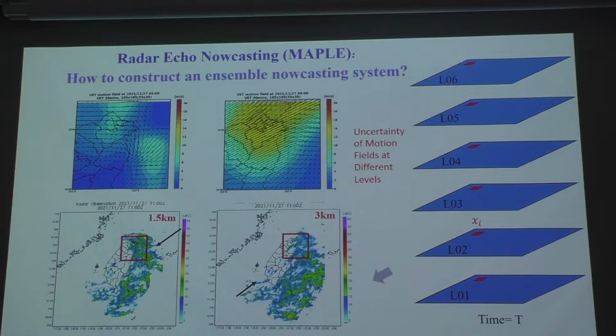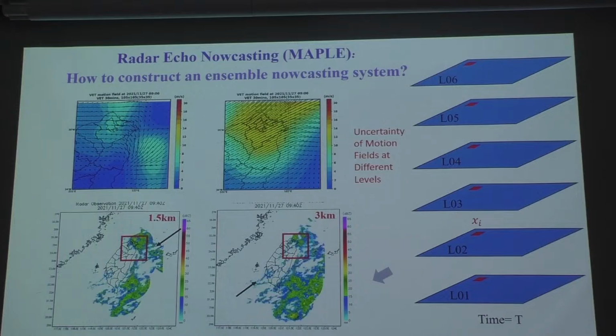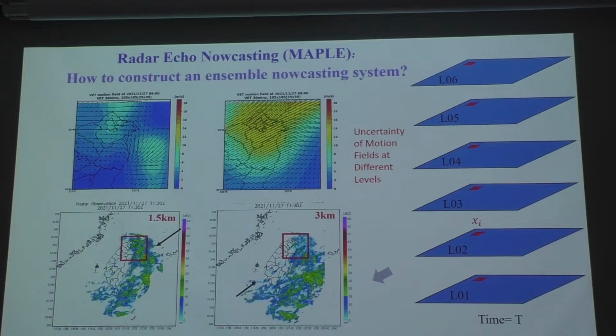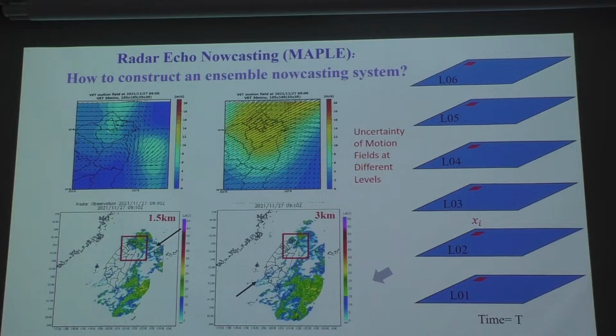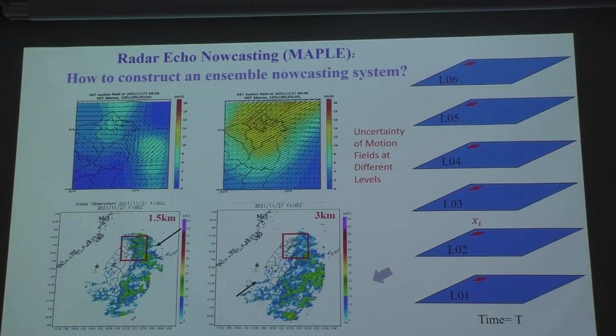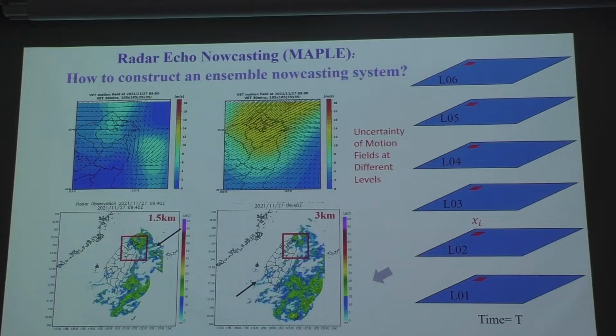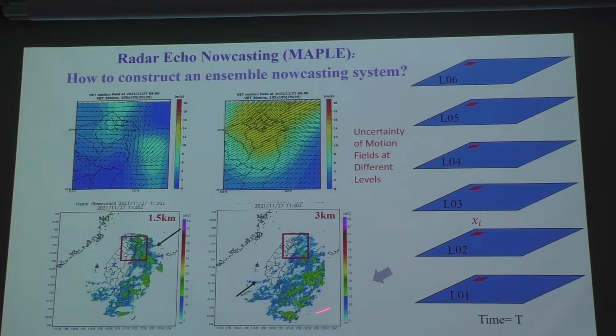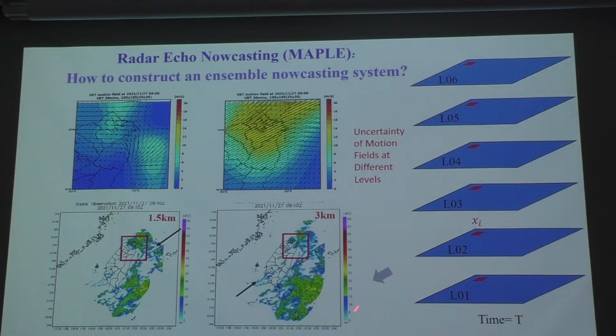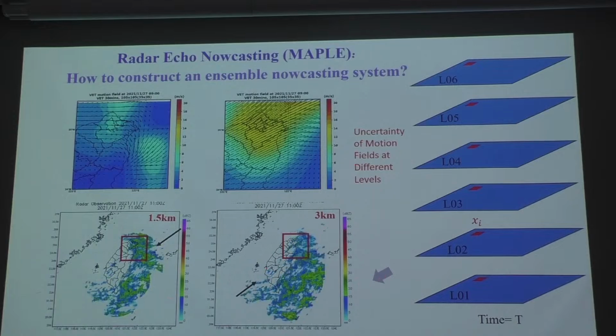So in fact, when people apply radar echo extrapolation, we usually use the maximal reflectivity, which means that the radar image is actually 3D, but we compact and project it all together and only pick up the maximal reflectivity in that column. So by this example, you will see that there remains an uncertainty of the motion field at different levels.